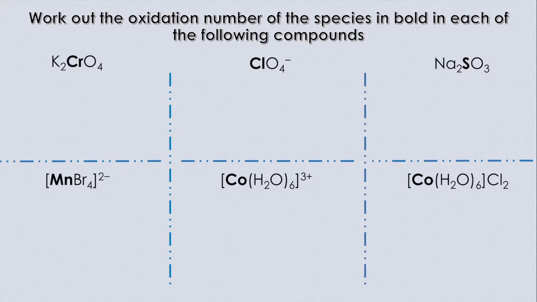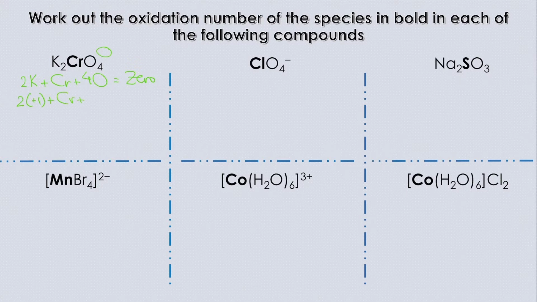Well, we have here K2CrO4. The first step is to break down the molecule. We have 2K and 1 Cr and 4 oxygens equal to 0. Why 0? Because there is no charge here. K is in group 1, so its oxidation state is +1.